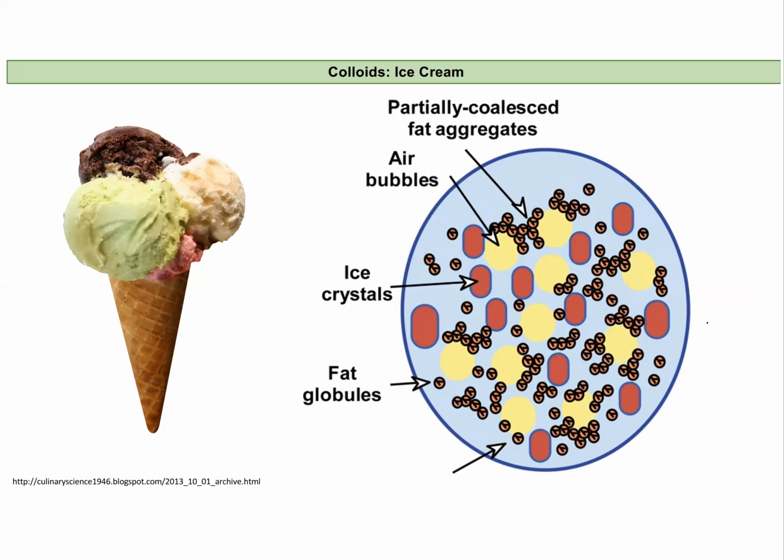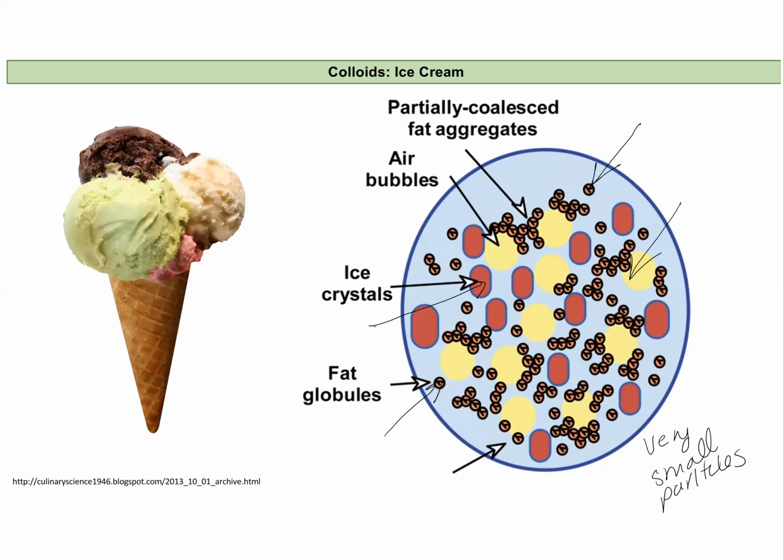But what it is, it's a colloid of fat particles and air bubbles and ice crystals and fat globules. And they're all very, very small particles that you would be able to separate with a semi-permeable membrane.